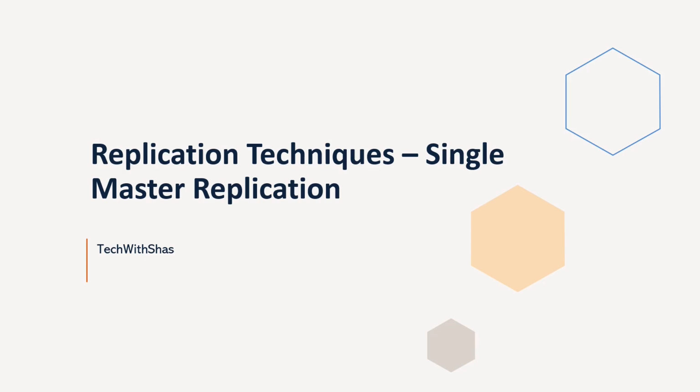But how do we ensure that other nodes or other servers in that environment are also in sync? In this video, we are going to see a few techniques for how we can make updates in the other nodes using the synchronous and asynchronous modes. We will talk about these two techniques in this video.